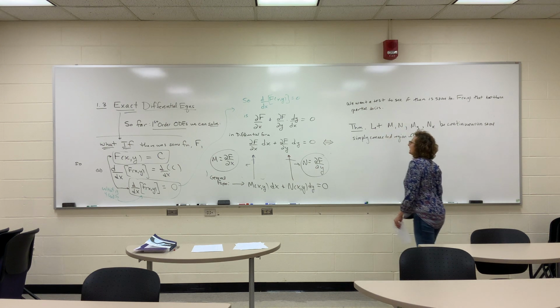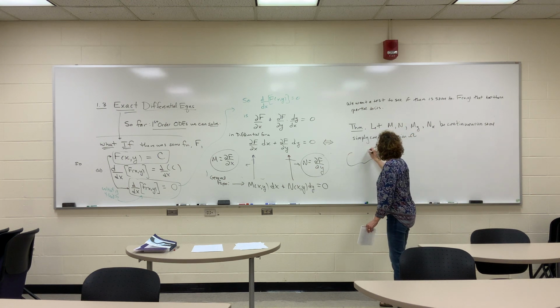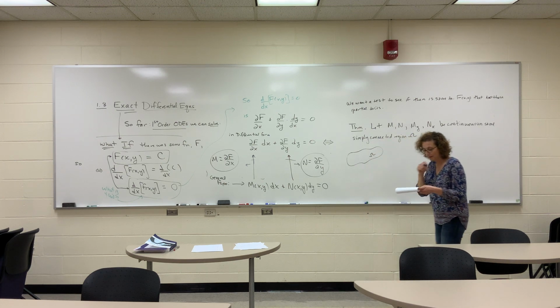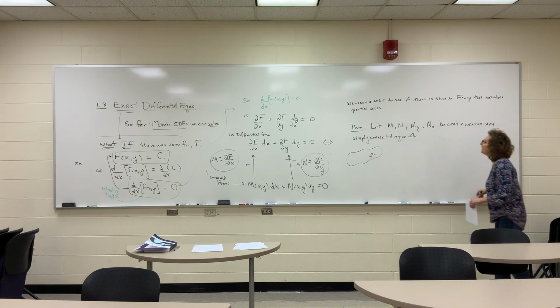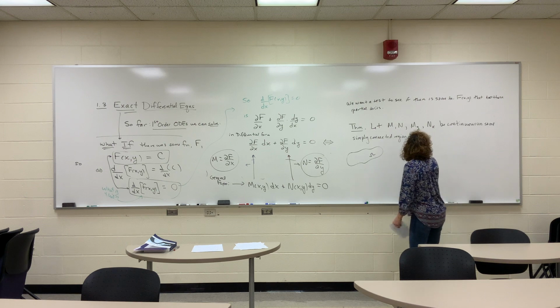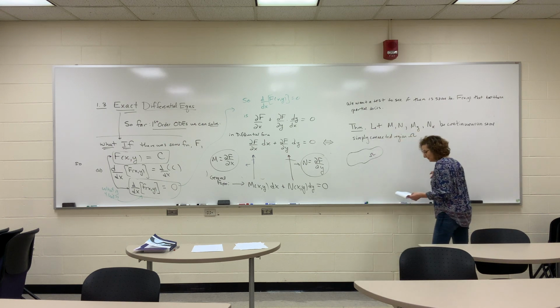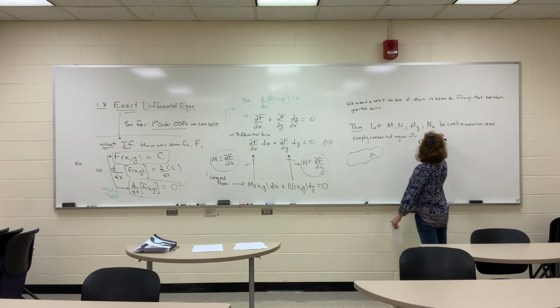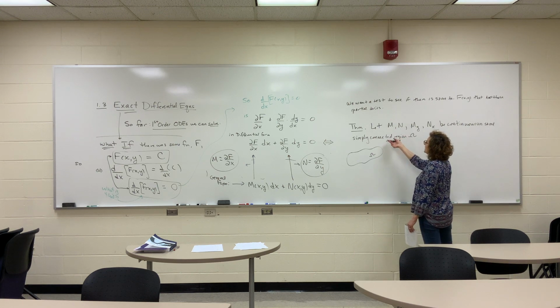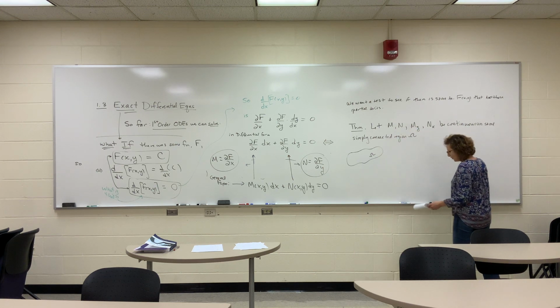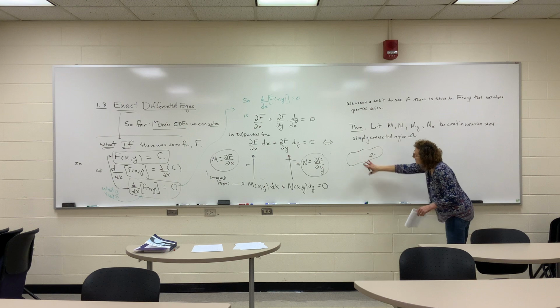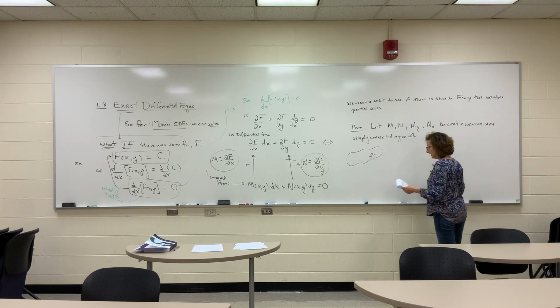We'll just call it omega. One piece, no holes, and it's a region, so it's open. So let them be continuous on some simply connected open region omega, some region in the 2D xy plane, essentially. You can think of it as that.